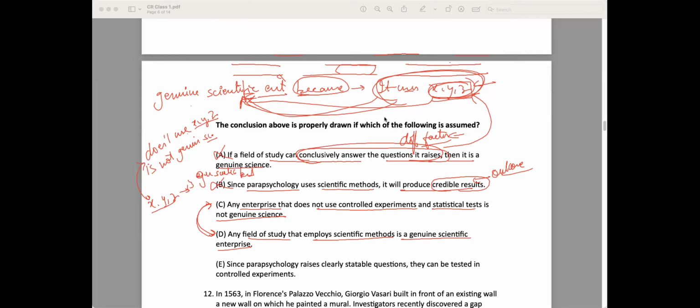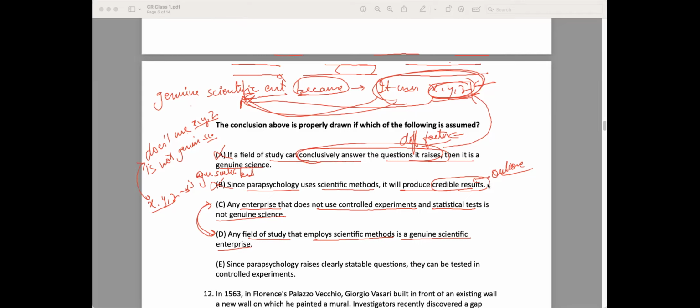So for 11th, we have D, we have B as well. Saurav, you picked B. Sir, I was confused between B and D, but since D, I found it. B is credible results. We are not talking about whether the results are credible or not. Sir, but the question was regarding the assumption, so that's why. See, again, we are saying that just because something uses XYZ, we are calling it a genuine scientific enterprise.